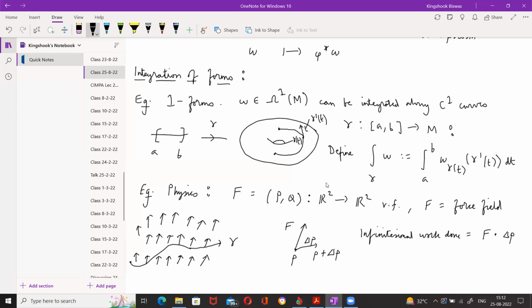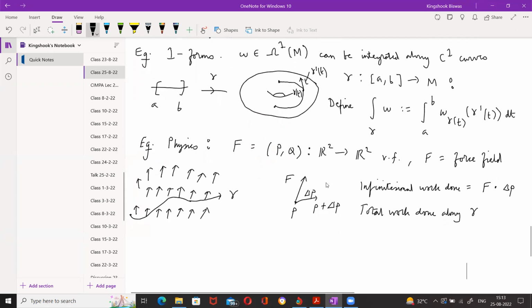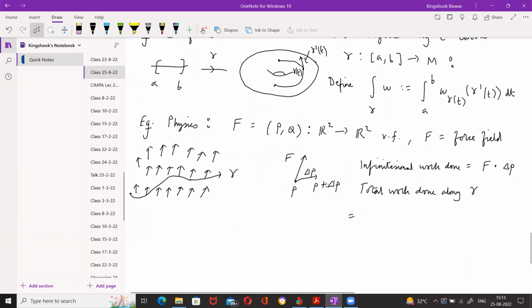Okay. And to get the total work done when you move along a curve, so the total work done along gamma, you get by integrating these small infinitesimal contributions to the work done. So this will be the integral over gamma F dot ds.